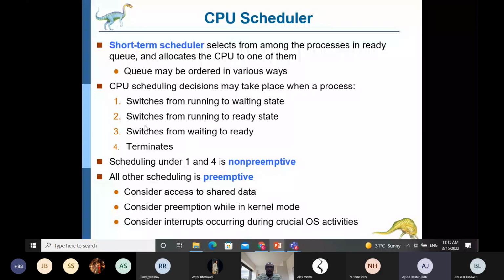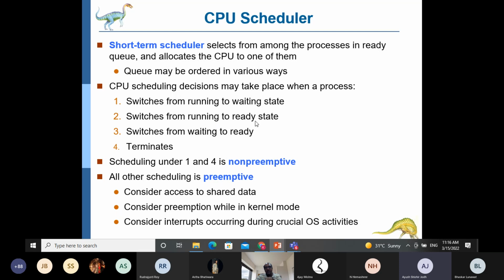Another case is the switch from running state to ready state. The process is running, and then it is taken out of the CPU and kept again in the ready queue. Ready state means ready queue. The process is now running, and now it will be taken out and again placed into the ready queue.